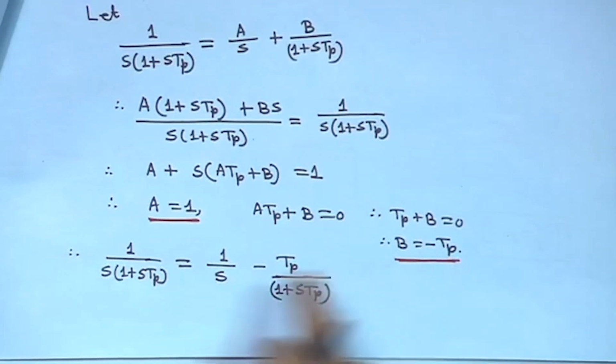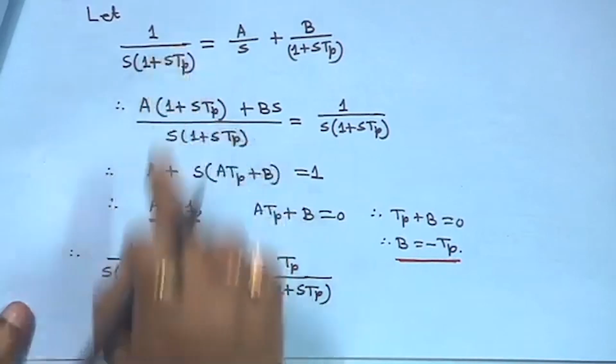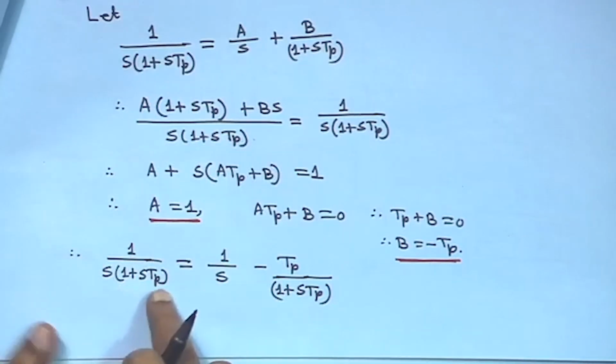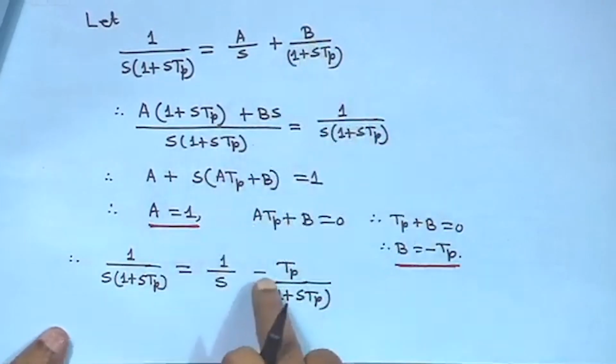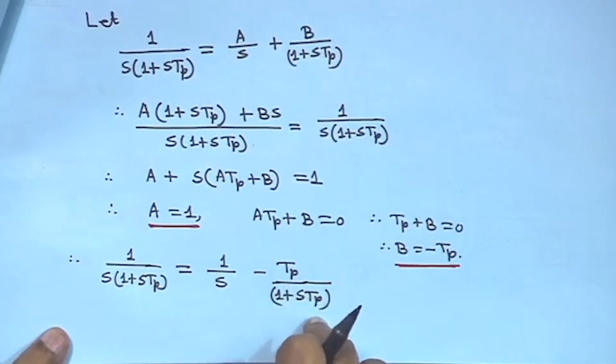That means 1 upon s into 1 plus sTp is equal to A, which is 1 upon s, and B equal to minus Tp, so minus Tp upon 1 plus sTp.